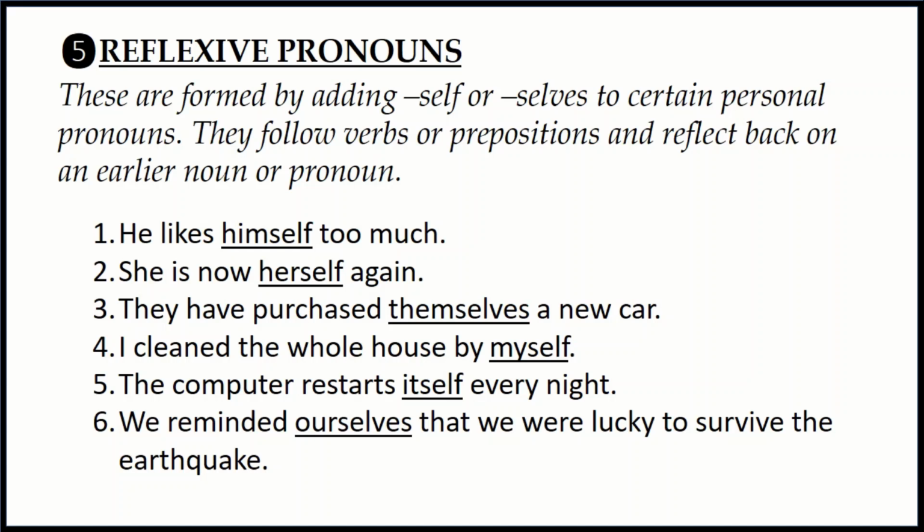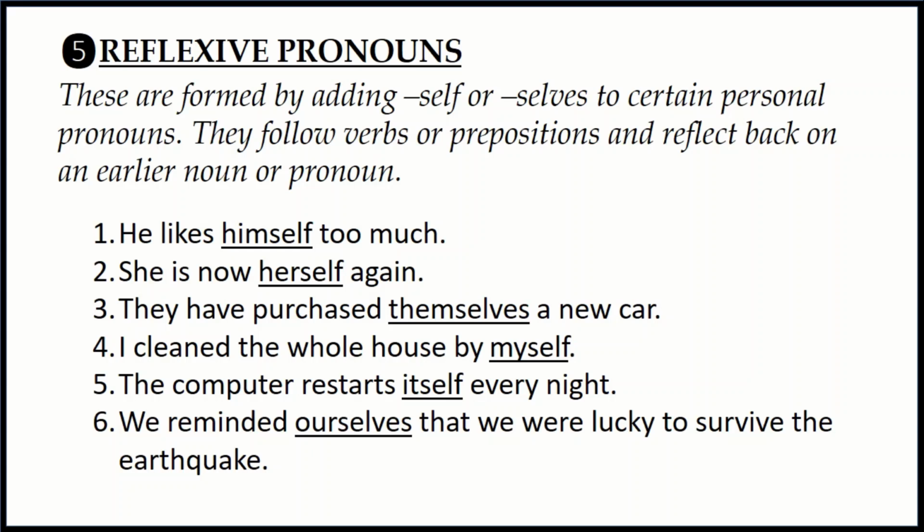And basically, these suffixes self or selves are added after certain pronouns. Let's see some examples. You see, he likes himself too much. So likes is a verb, and after that himself is a reflexive pronoun. It reflects back to the earlier pronoun he.